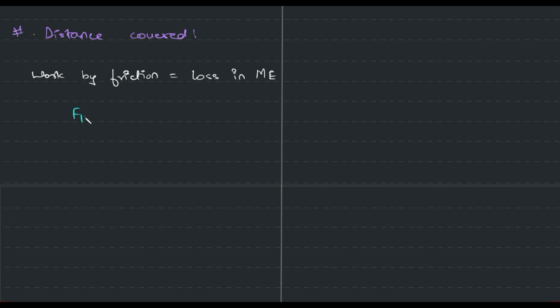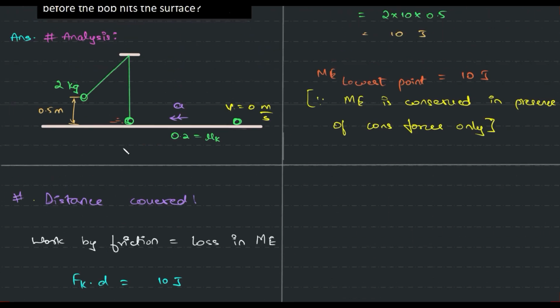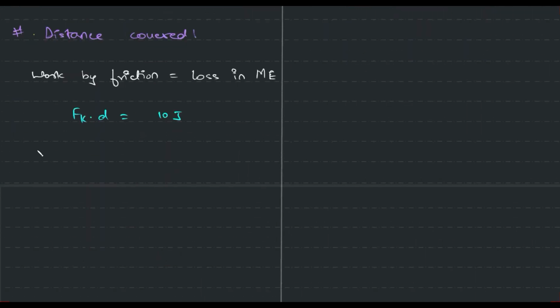Then the frictional force times the displacement should be equal to 10 joules. Then the force is how much? We know the force, right? Let me calculate the force now.